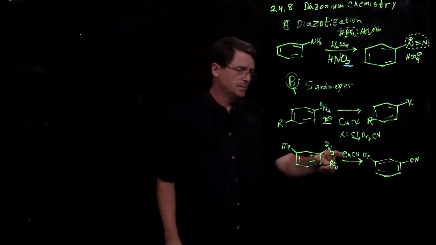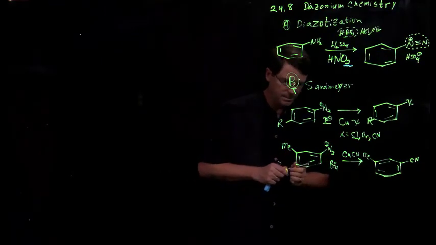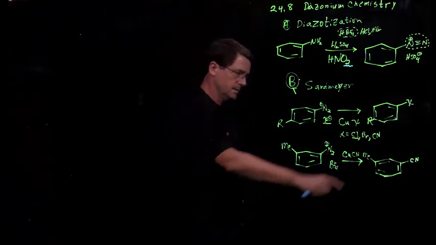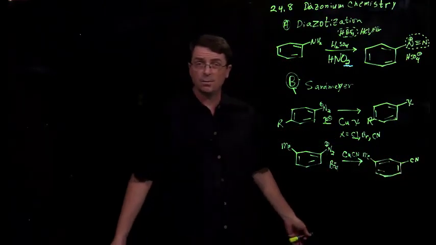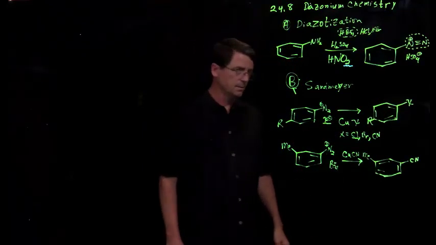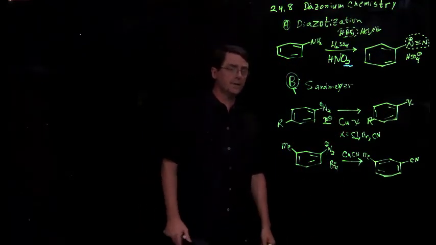In this case, since I used copper cyanide, it produces the cyano compound. So this makes a carbon-carbon bond. Of course, we can make carbon-halogen bonds and other kinds of bonds. So this is very useful chemistry.